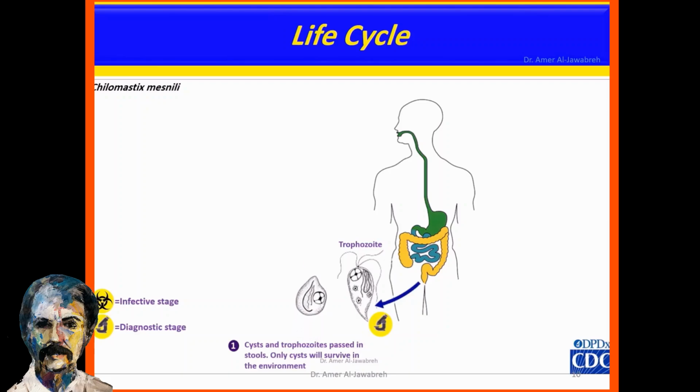So you can see here we have the 2 stages, cyst and trophozoite, and both of them can be seen in the stool, which means they are both diagnostic stages. The infective stage is going to be only the cyst because it's hard and can resist harsh environments, whether inside the body or outside the body.